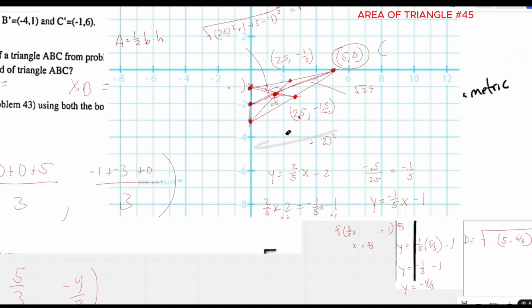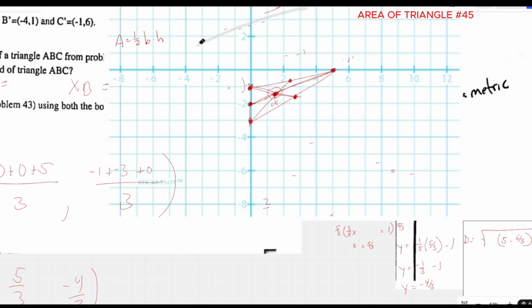So for a triangle like this, any of the sides could be the base, but the height is going to be not the median and not one of the other sides. I'm going to choose this to be my base, which will make this my height. And luckily those are going to be just nice, easy numbers. I won't have to do any work to get those.